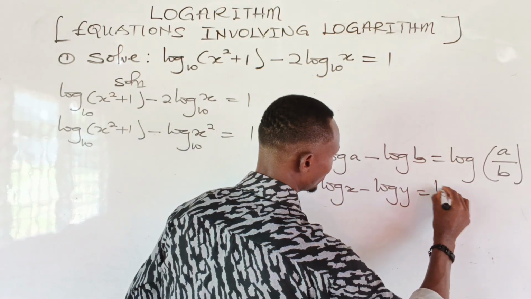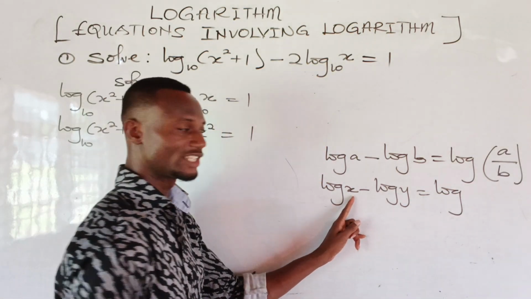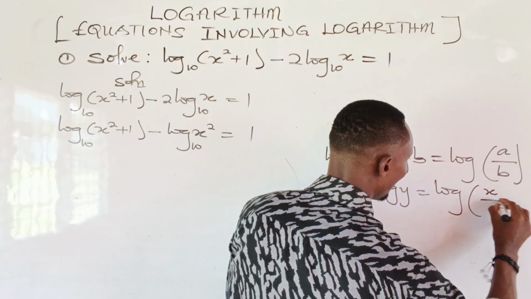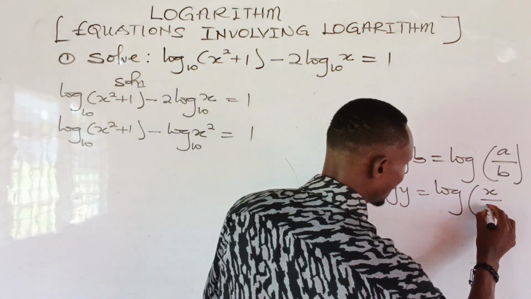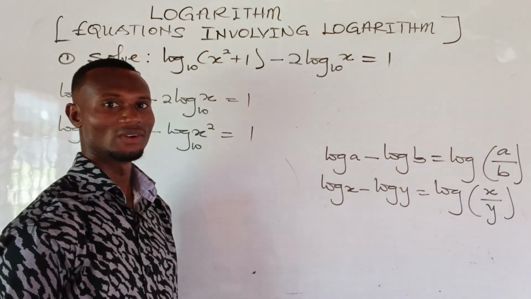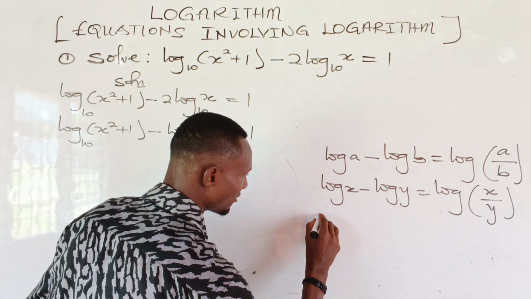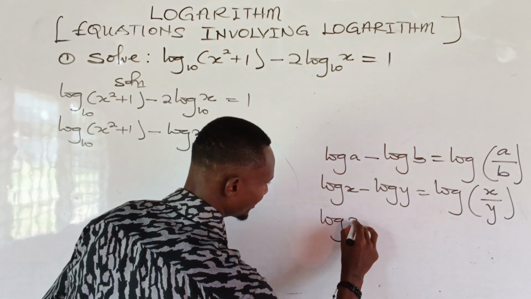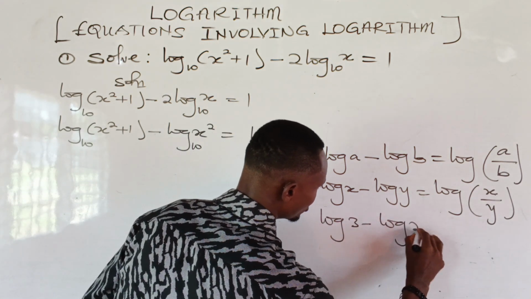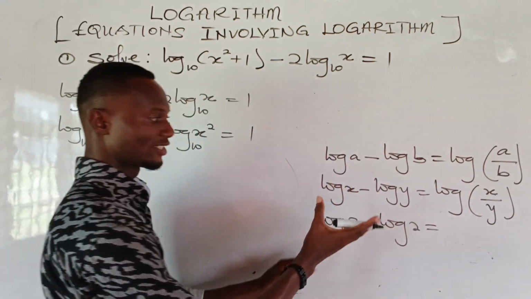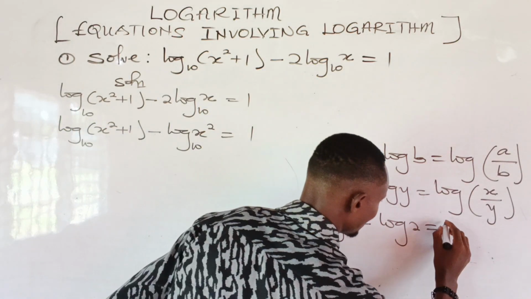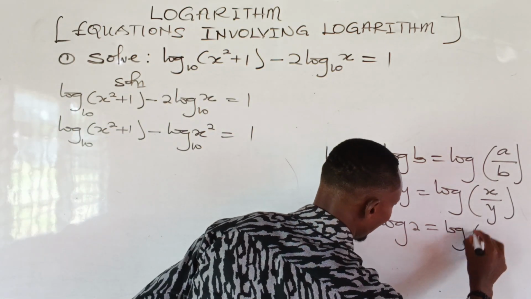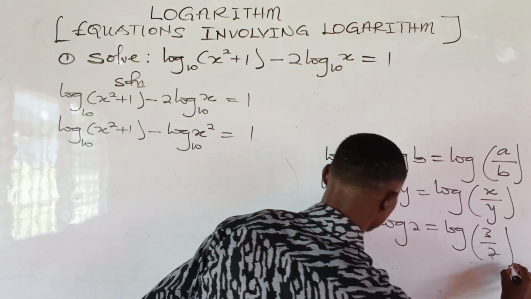So just write your log, then the s becomes your numerator over the y, your denominator. The last one, if I have log 3 minus log 2, I can easily express it in division form, which is going to be the log of 3 over 2.